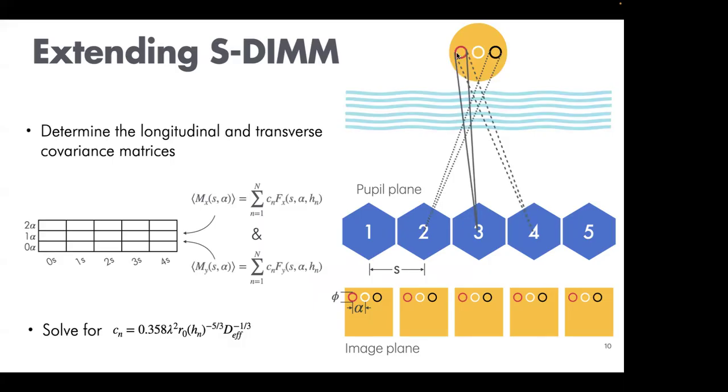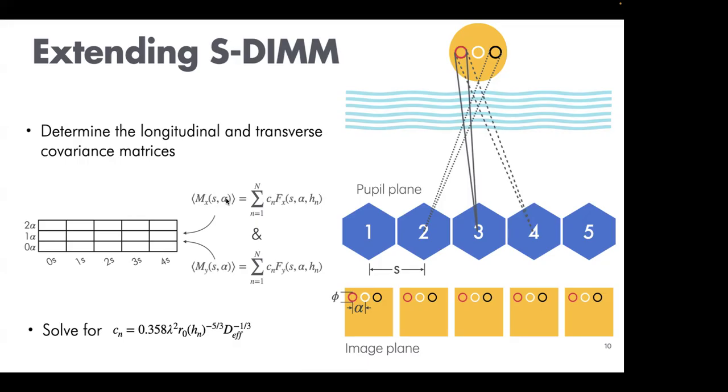The wavefronts emitted from these different field regions, which is what the red, white, and black circles are, traverse different volumes of the atmosphere before they reach different lenslets of your Shack-Hartmann. So by cross-correlating the image motion of these field regions, you are actually sampling different heights in the atmosphere. That's the theory.